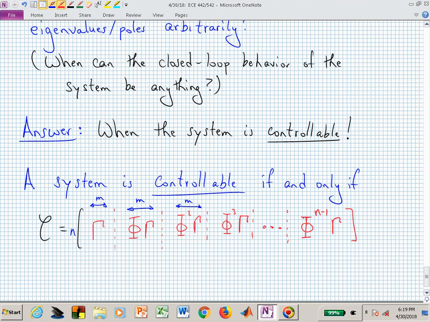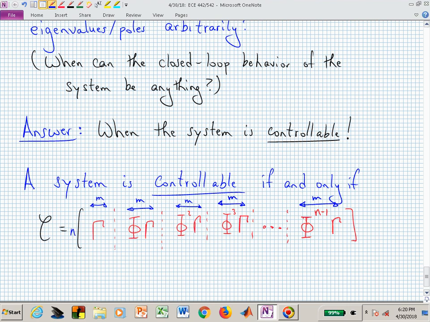Each of these columns that we're packing on to the right come in sets of m columns. How many of those m sets do we have? We started with one set, but that was phi to the 0.